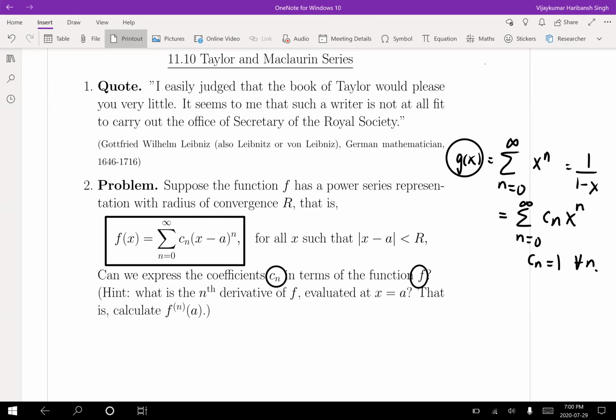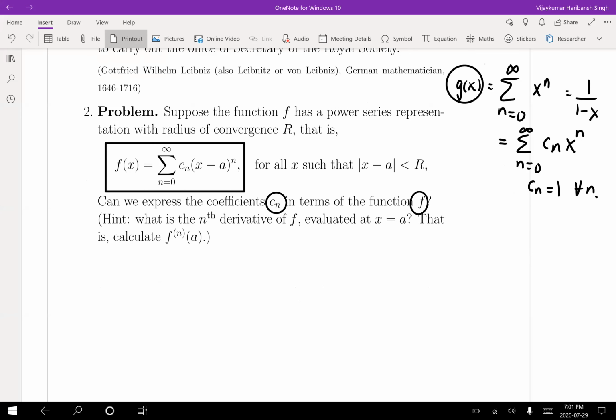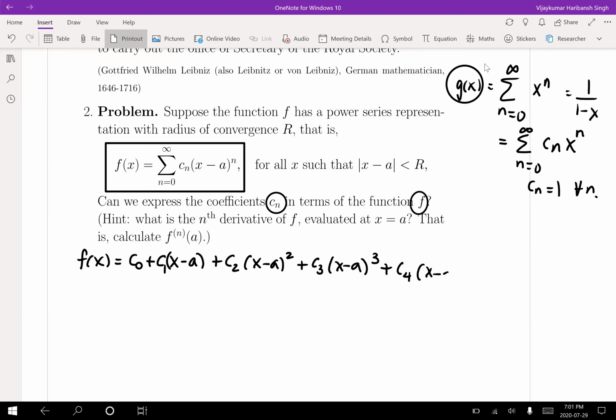So now the question is, can we write down cn in terms of the function f? Okay, so let's look at that. Suppose I have my function f of x, which is c0 plus c1 times x minus a plus c2 times x minus a squared plus c3 times x minus a cubed plus c4 times x minus a to the power 4, and then keep on going.